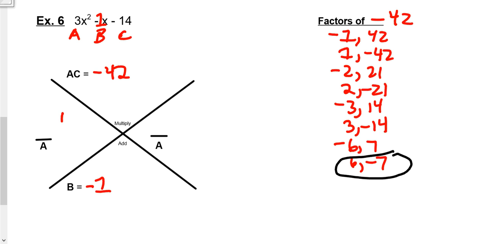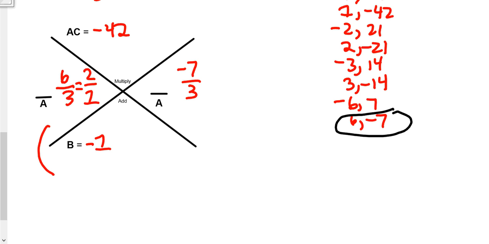So those are the two numbers we're going to use. So we're going to use a positive 6 and a negative 7. We're going to divide by whatever our A term is, which is a positive 3. We're going to reduce our fraction. So this is going to reduce to 2 over 1. And this one doesn't reduce any further. And do our bottoms up.